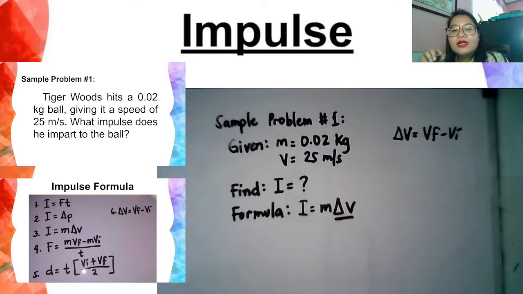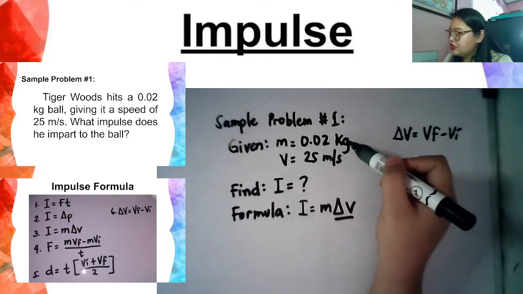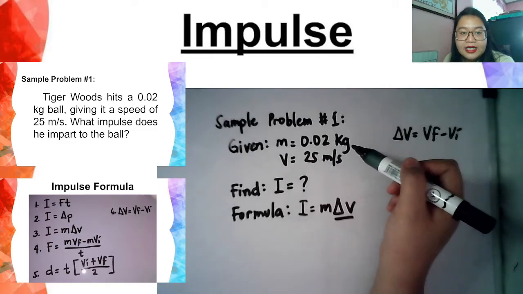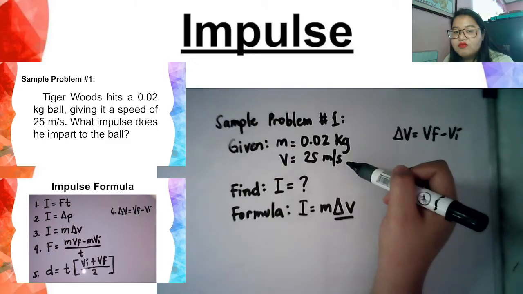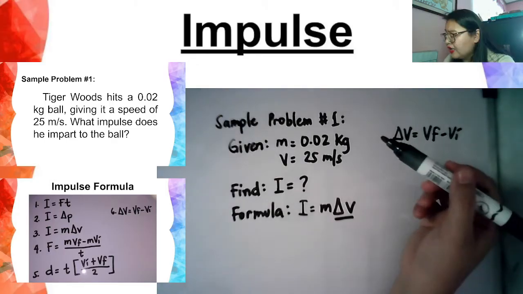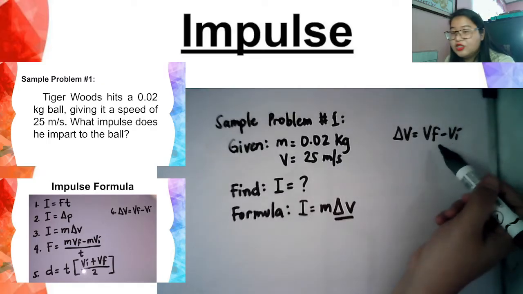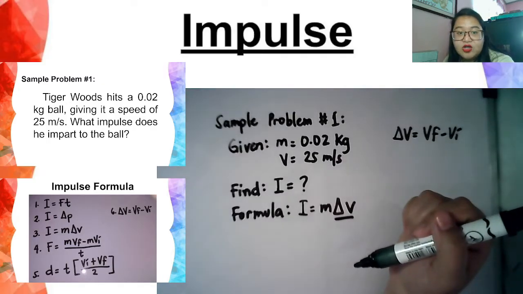Now, let's go back to the sample problem. Ang sabi niya sa sample problem, si Tiger Woods, tinamaan niya yung bola na 0.02 kilogram ang bigat. Now, nung tinamaan niya yung bola, nagkaroon ng speed na 25 meter per second. Ang tanong ngayon dito, etong 25 meter per second na to, is it the initial velocity or the final velocity?